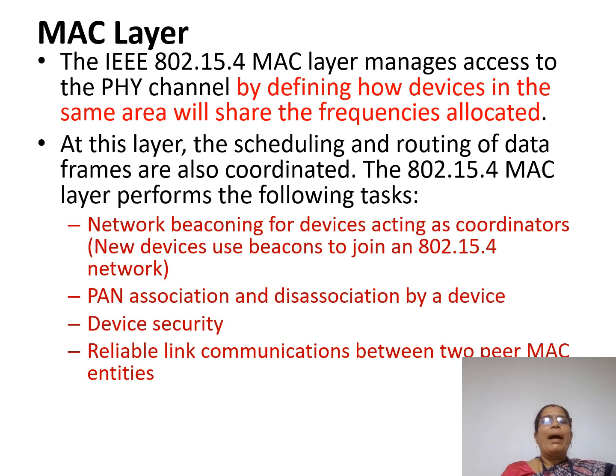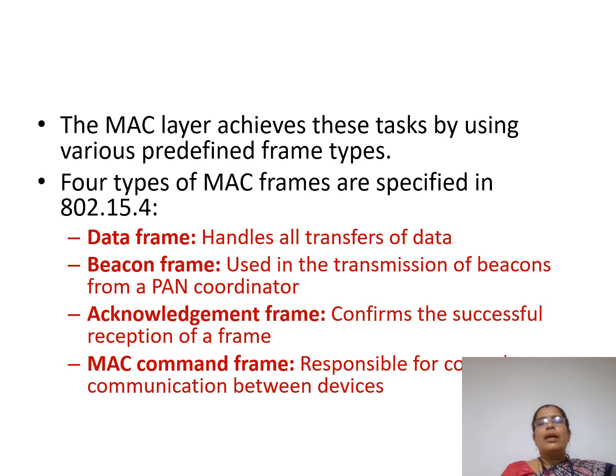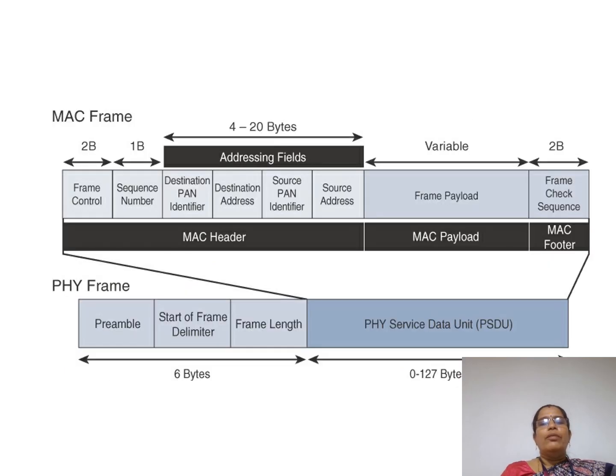Next, the MAC layer. The MAC layer handles networking, where a device acts as a coordinator and new devices use a beacon to join 802.15.4 networks. The data frames are also coordinated, and the MAC layer achieves these tasks by using various predefined frame formats. This is the frame format for the MAC frame.